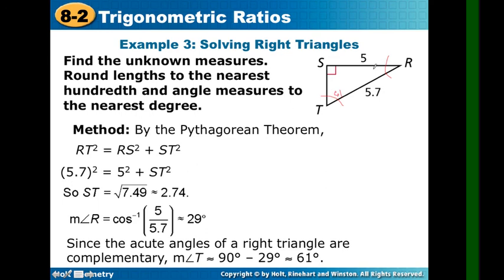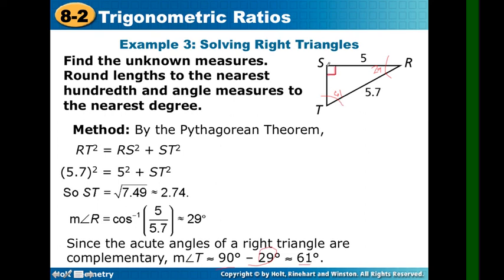Diba ang total ng triangle ay 180. This one is already 90 degrees. So, ma-minus mo na siya. So, magiging 90 degrees na lang ang matitira. So, kaya, magma-minus na lang tayo ng 90 sa nakuha nating degree para makuha natin yung angle T. Yung isa pang angle na nawawala.